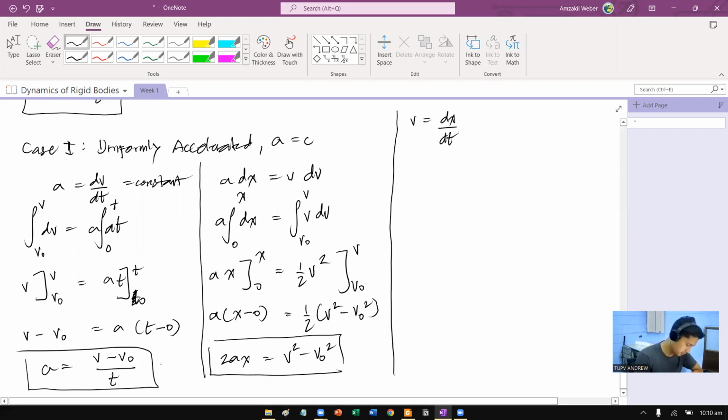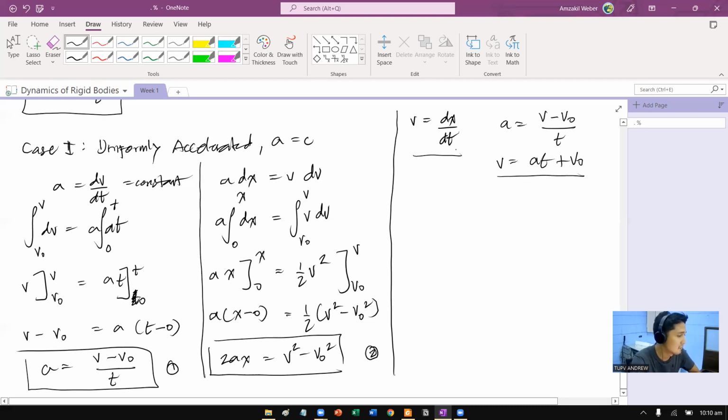Let me talk about equation number 1 and equation number 2. Equation number 1 is a equals v minus v naught over t, then a t equals v minus v naught, so v equals a t plus v naught. Now my question is: is this v the same as this v?